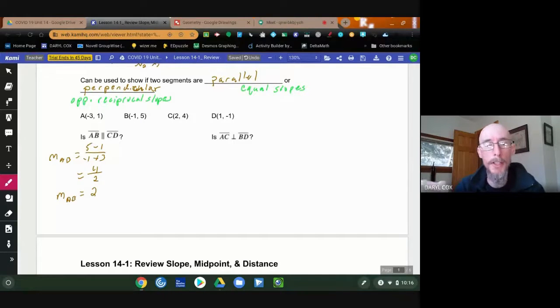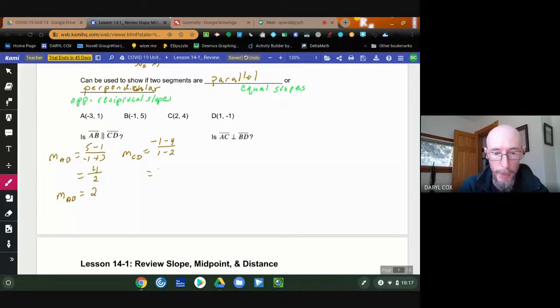If I want CD to be parallel, what should the slope of CD be equal to? Like I said, parallel lines should have equal slopes. So my slope of CD should be 2 if they're parallel. Let's test it and find out. So change in y's, -1 minus 4, 1 minus 2.